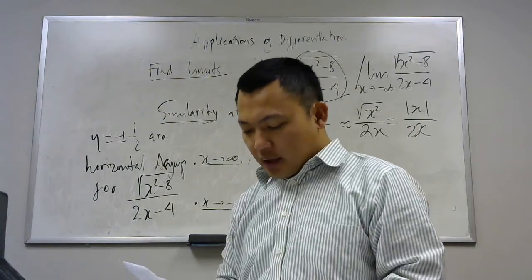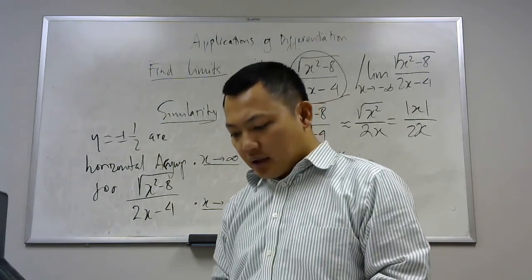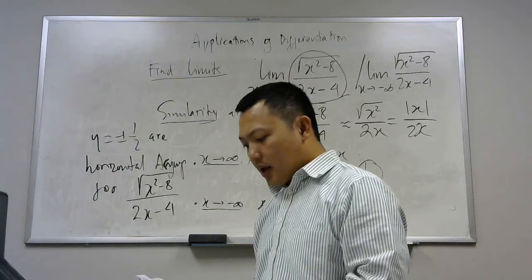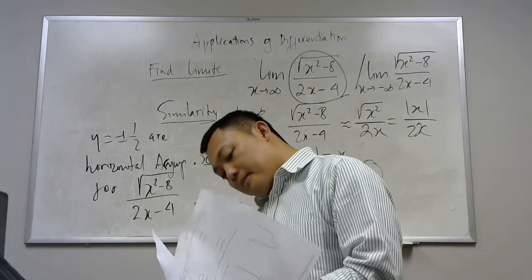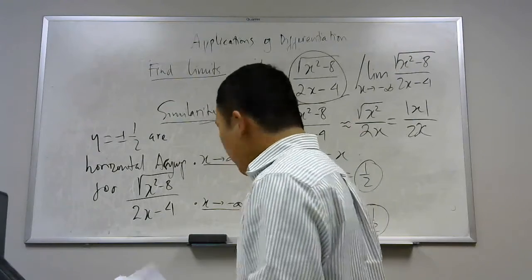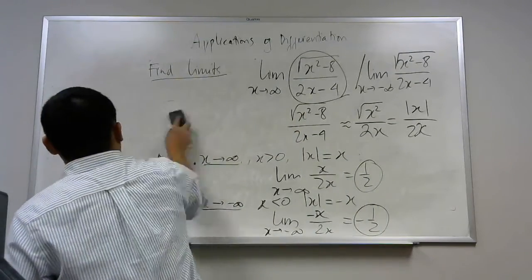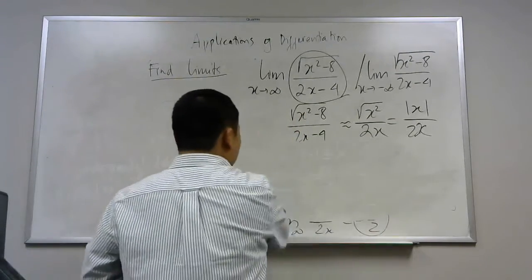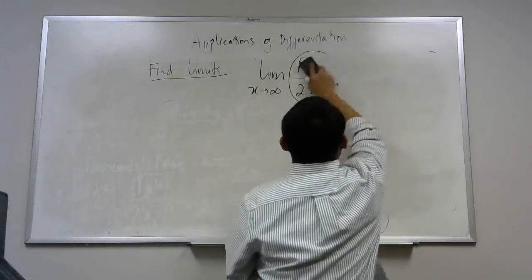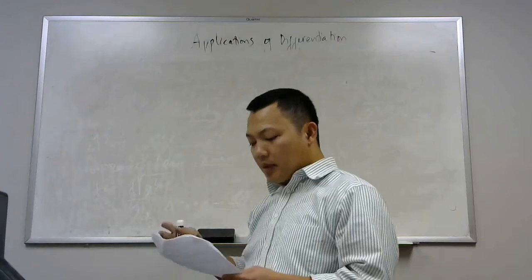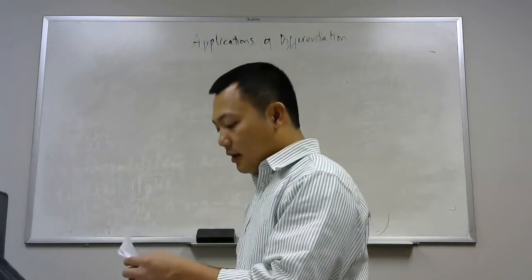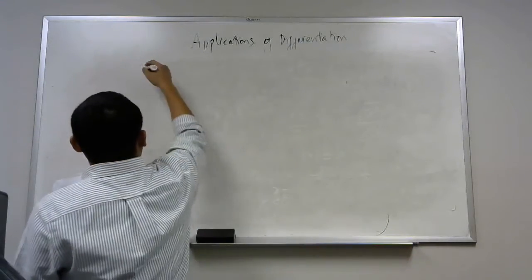All right, so the last question: analyze and sketch a graph of the function. Let me do that real quick, and then we finish this review. That's why I told you, the main purpose of this chapter is to analyze and sketch graphs.